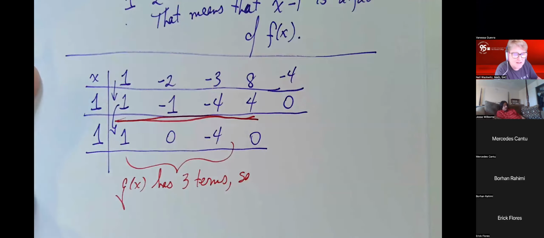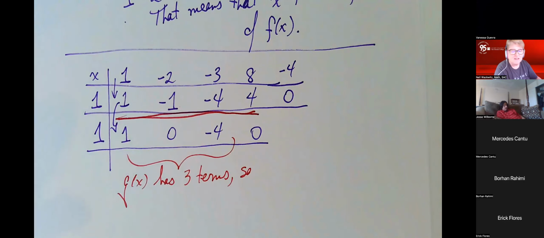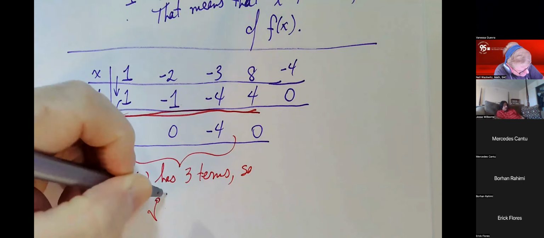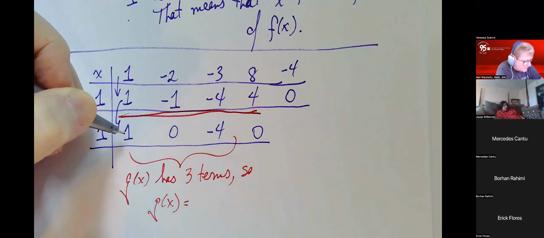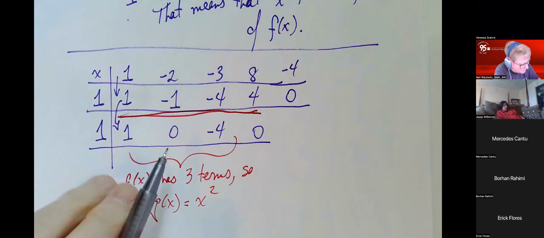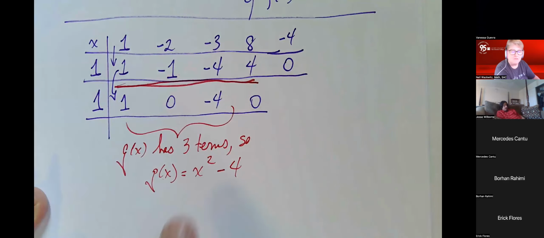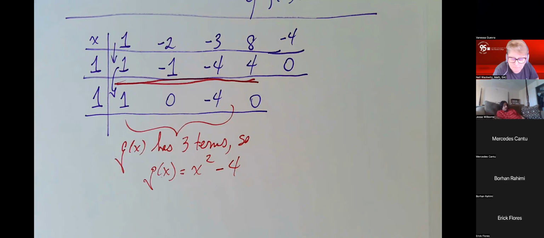Anytime we get down to a quadratic, it's easier just to look at that as a quadratic. So Q of x is 1x squared plus 0x minus 4. Do we know how to factor x squared minus 4? Yeah, wouldn't it be x plus 2?